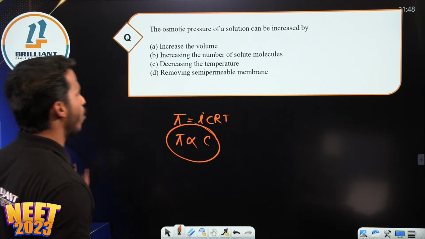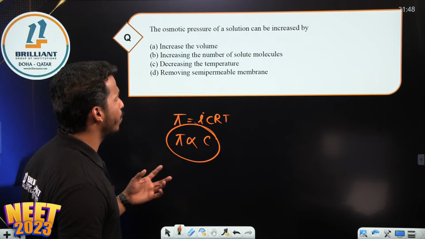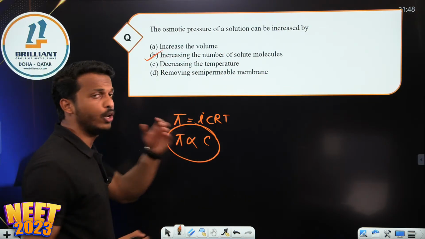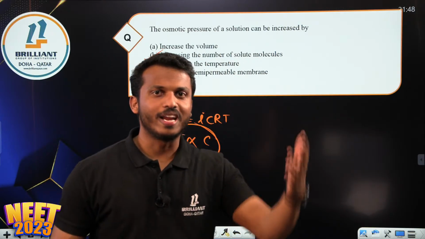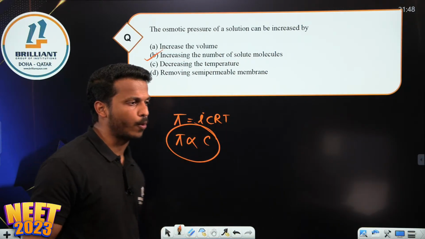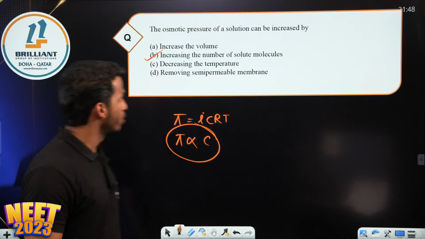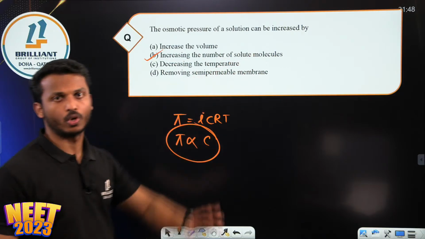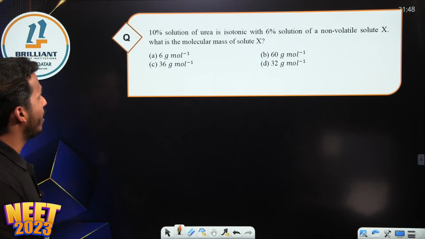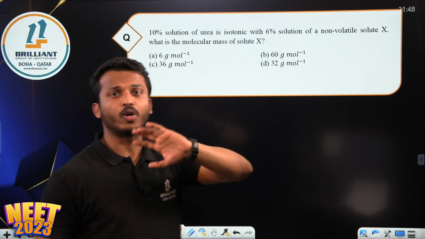So increase the volume? No. Increase the number of solute particles? Yes. As the number of solute particles increases, the osmotic pressure also increases, because pi is directly proportional to the concentration. So you can increase osmotic pressure by the number of moles of solute particles. Careful. Can you answer this question very fast?